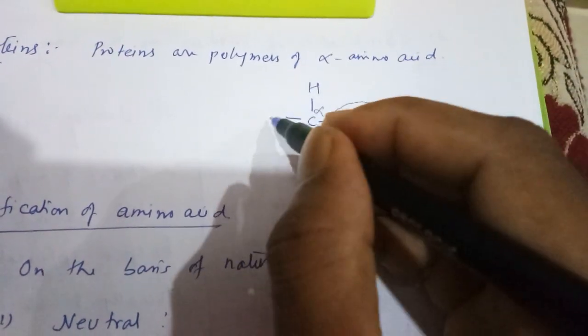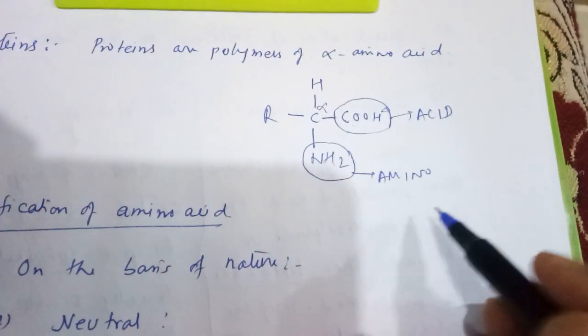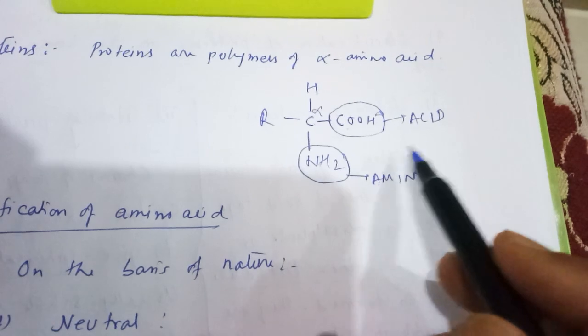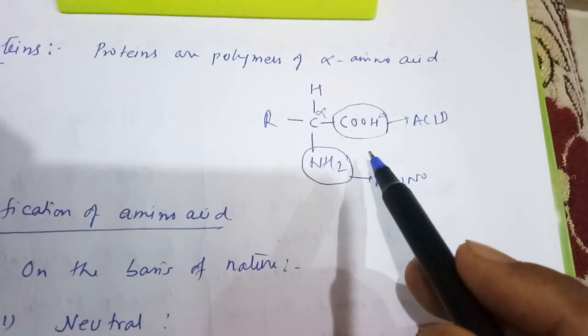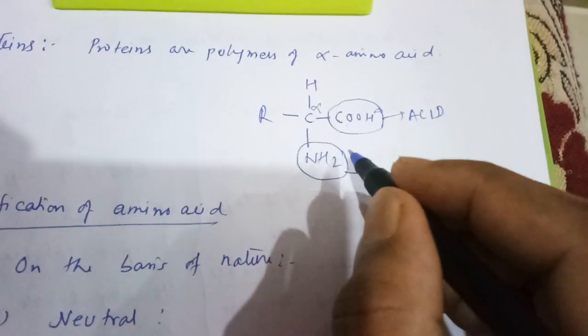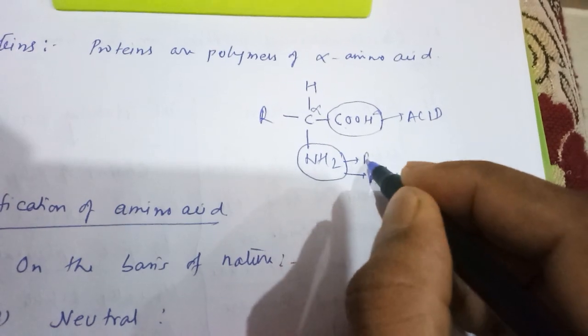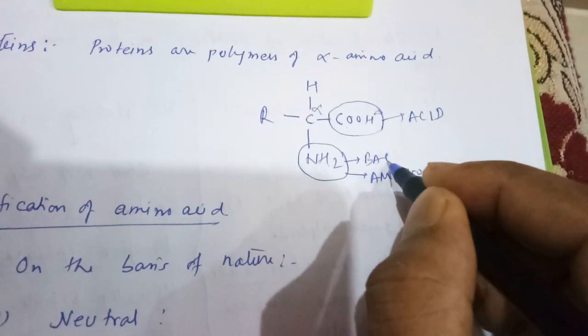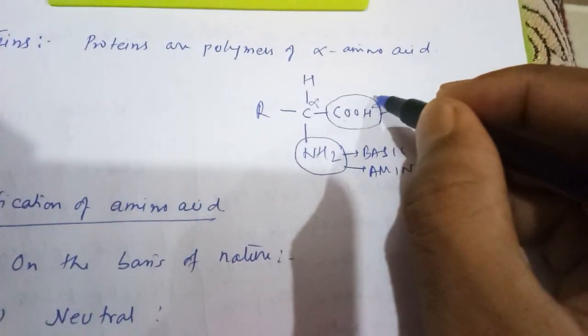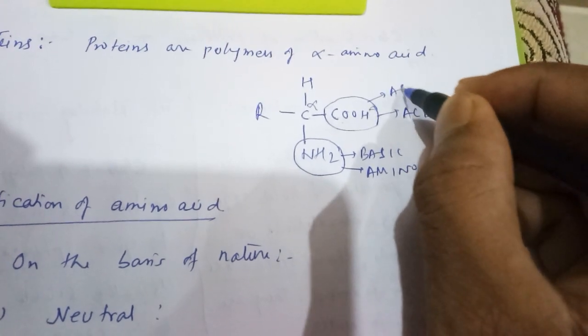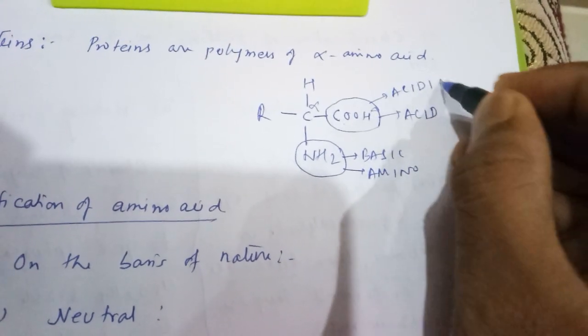Here we have hydrogen, and this is R. So a protein is made of alpha amino acids. This one is the basic part and this one is the acidic part.